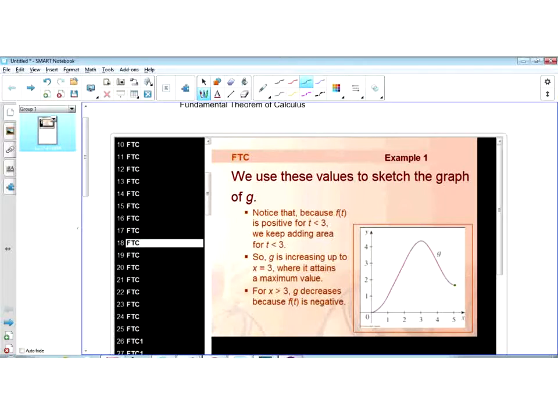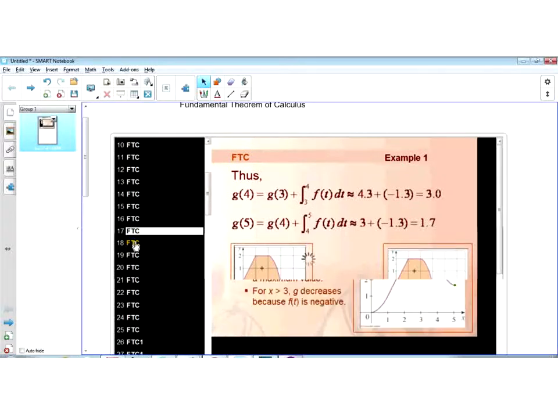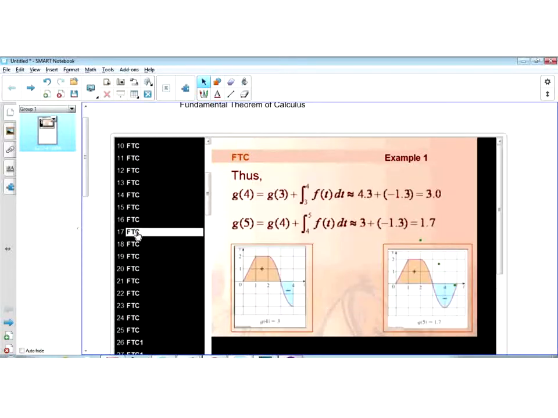Another thing that's not mentioned in this slide is the fact that they connected a smooth curve through the points that they plotted. So g of 4 was 3. What was g of 3? g of 3 was 4.3.